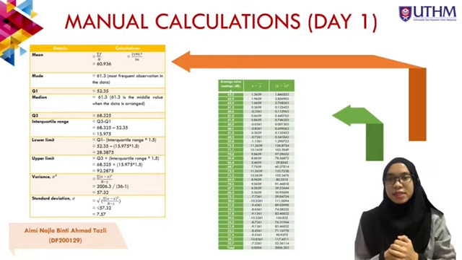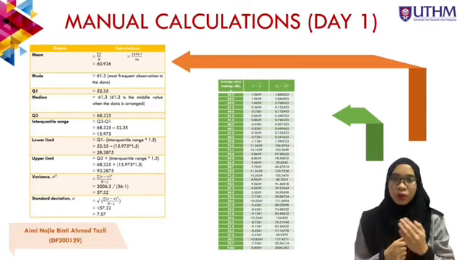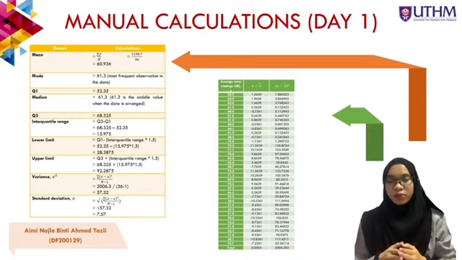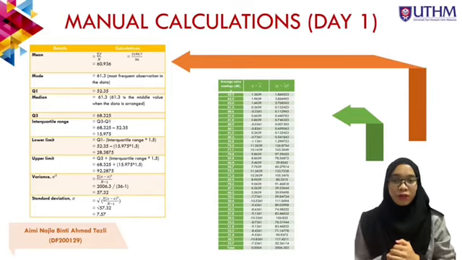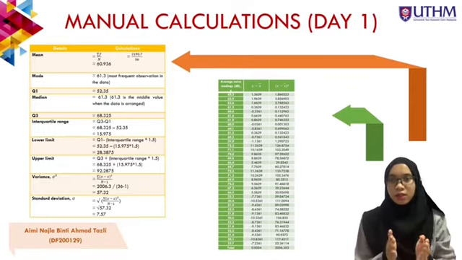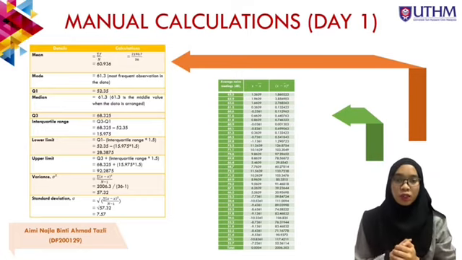For the mean, we get 60.936, while for the mode, we get 61.3, which is the most frequent observation in the data. The first quartile is 52.35, while the median is 61.3, which is the middle value when the data is arranged. The third quartile is 68.325.